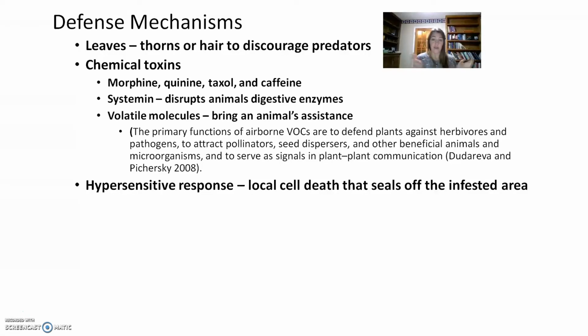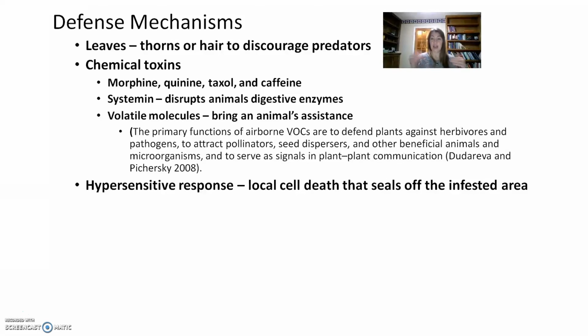There's volatile molecules, and some of these will bring in animals' assistance, right? So here's this cool study I was looking at. The primary functions of airborne VOCs, which are these volatile molecules, are to defend plants against herbivores and pathogens, to attract pollinators, seed dispersers, and other beneficial animals and microorganisms, and to serve as signals in plant-plant communication.